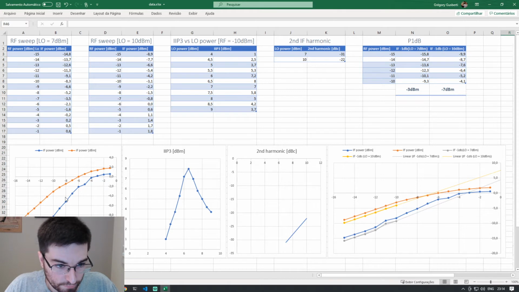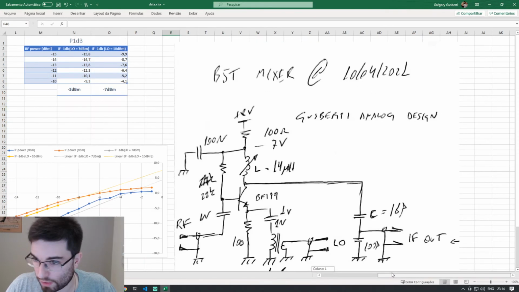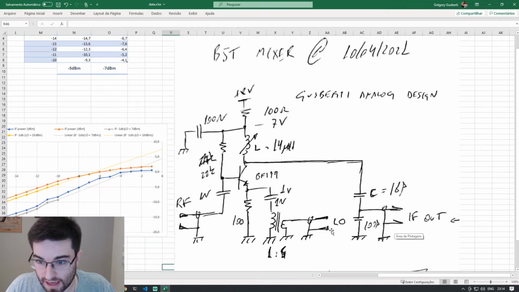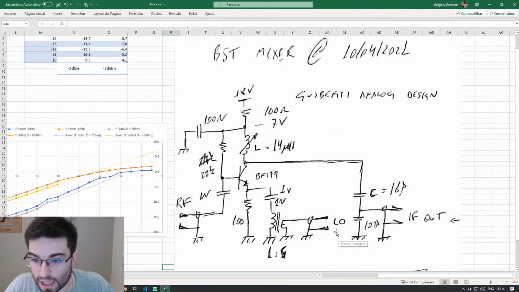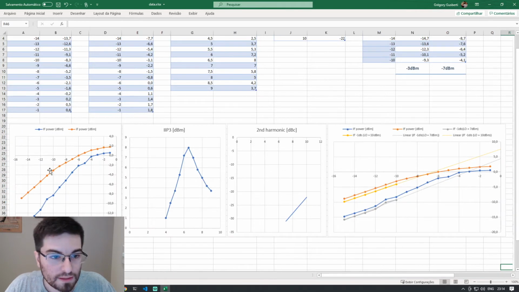In blue we have the LO entering at 7 dBm, and we're gonna sweep the power of the RF, and we're gonna see the power of the output here in the IF frequency. And after, we're gonna change the LO to 10 dBm to plot the orange curve here.